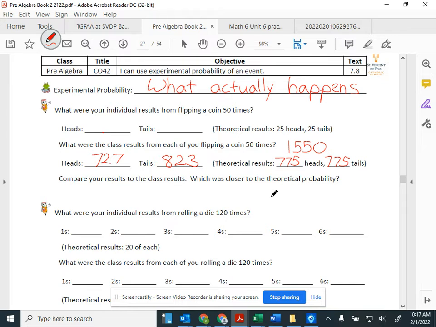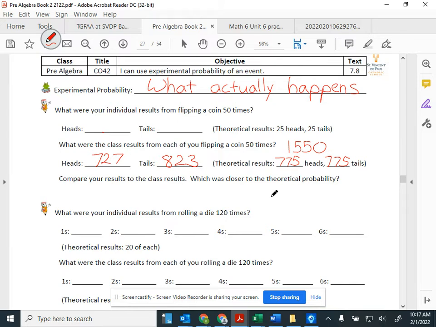It's okay. It's close enough. So, 727, 823 for the class experiment versus your individual. Which one is closer to the theoretical probability? How can we figure that out?